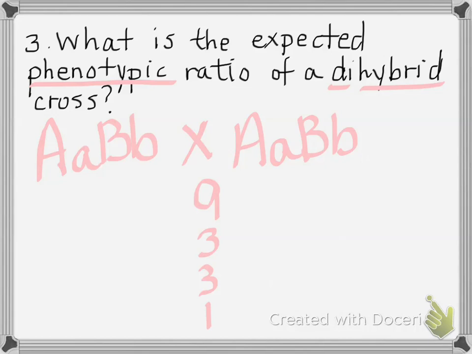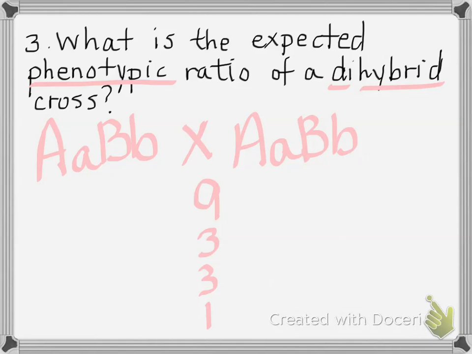I think it was 9 out of 16 came out double-headed. And 3 out of 16 came out with head of one, tail of another. And 3 out of 16 came out in the other combination of head and one and tail of another. And 1 out of 16 came out double-tailed. Is that true?